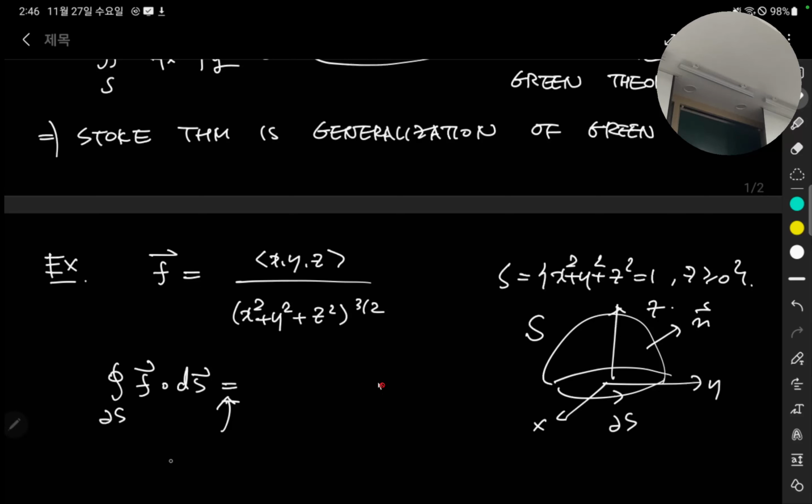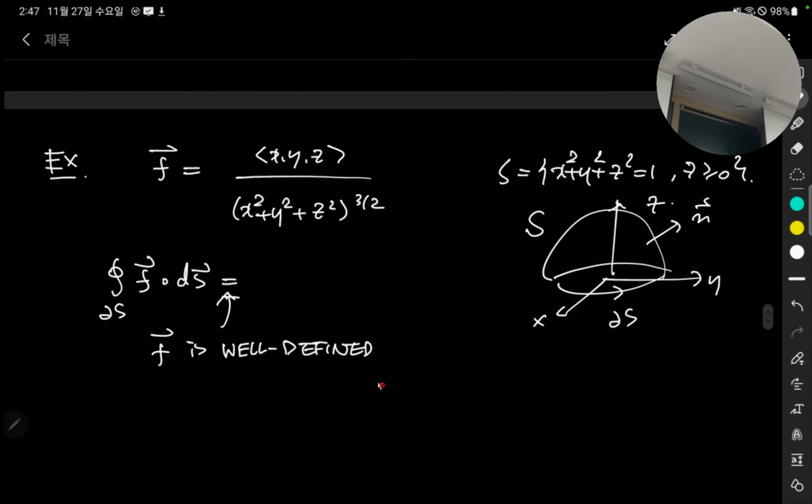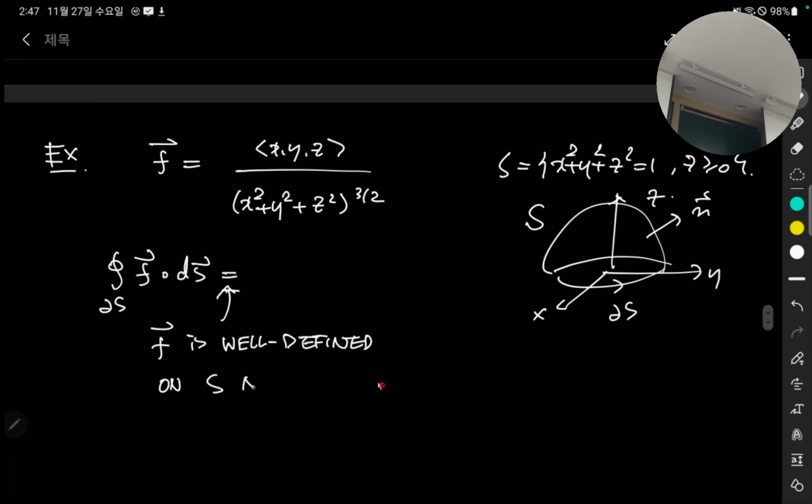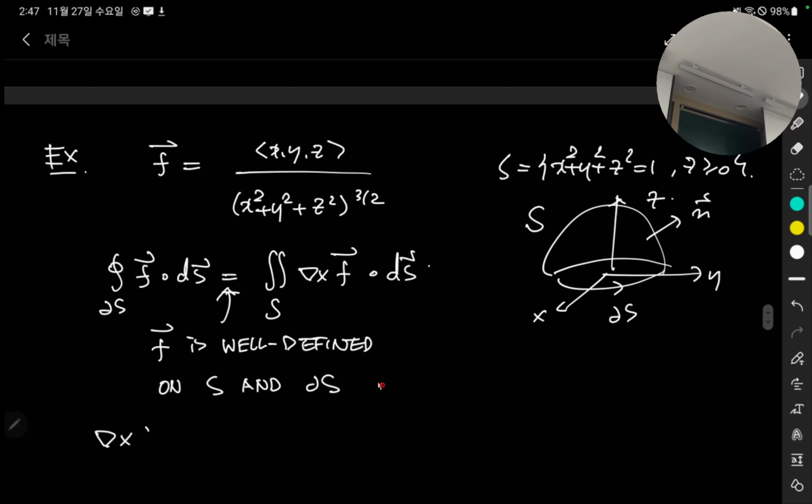So F is well defined on S and its boundary. So I can say it's the same as the surface integral of the curl. Let's try to compute the curl.